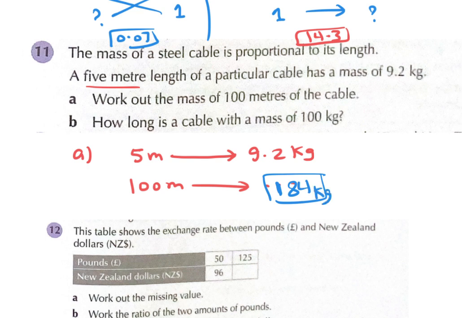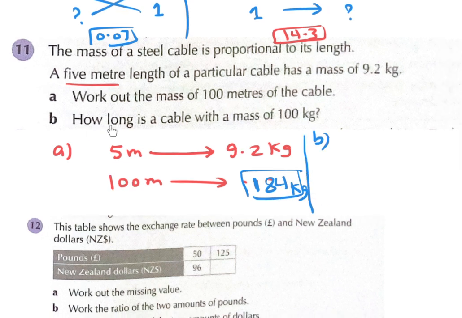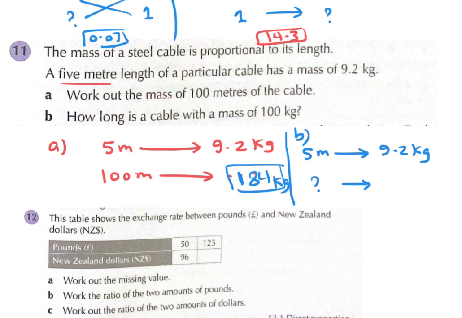184 kg. How long is a cable with a mass of 100 kg? Okay, you can use the same proportion. 5 meters has mass 9.2 kg. So how many meters with mass 100 kg?